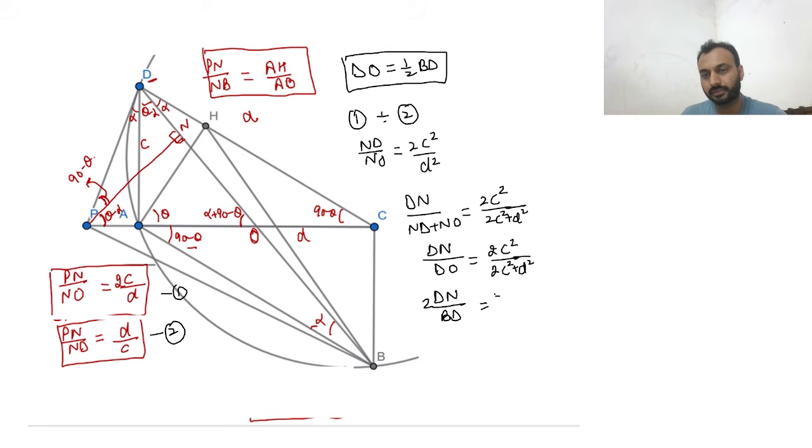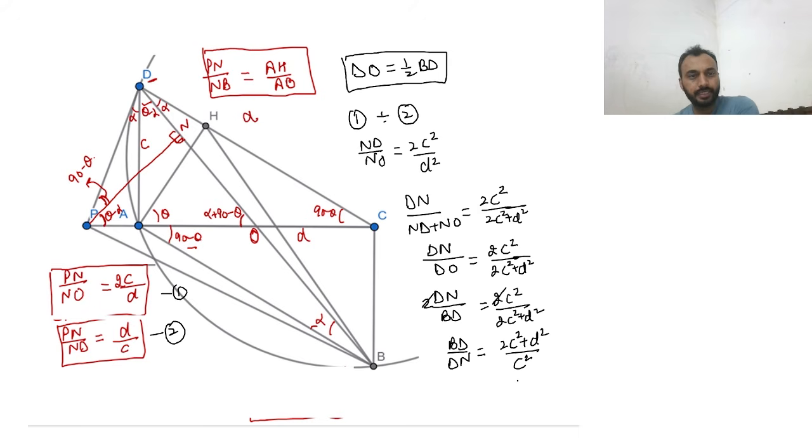So we get this. So 2 will cancel out and Bd by dn becomes 2c square plus d square by c square. So we got Bd by dn. So from here we can find out Bn also.